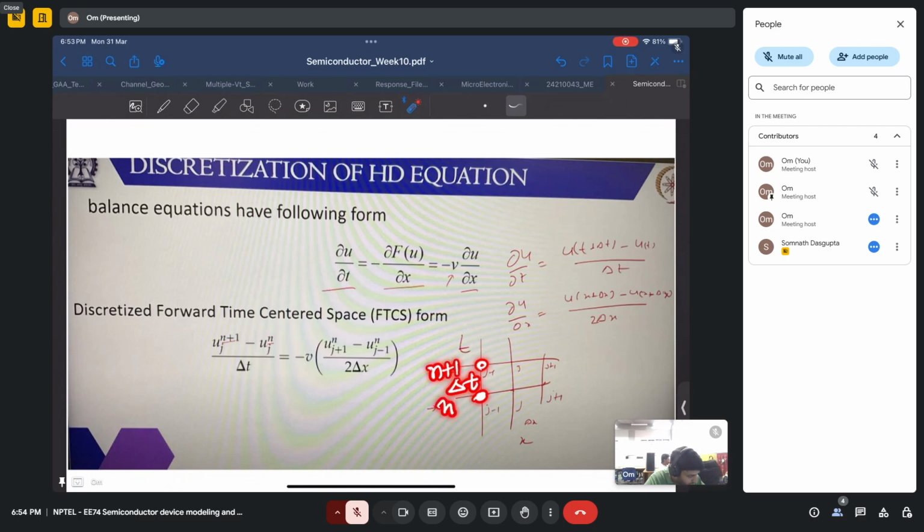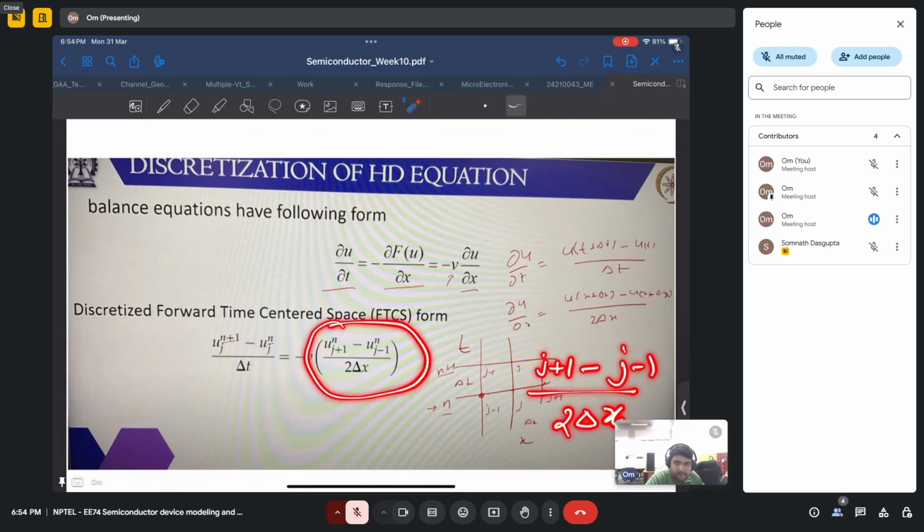So for this delta t, we take the difference u_j^(n+1) minus u_j^n. And this j variable is representative of position. In this axis, we take u_(j-1) and u_(j+1), and this one is j, and the difference between all these is delta x. So by this central difference method, it will be j plus 1 minus j minus 1 by 2 delta x. This is what is done here.